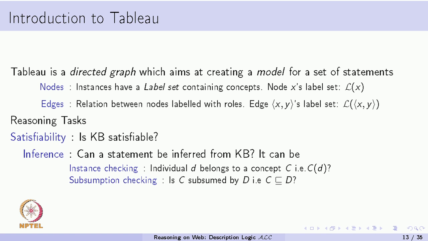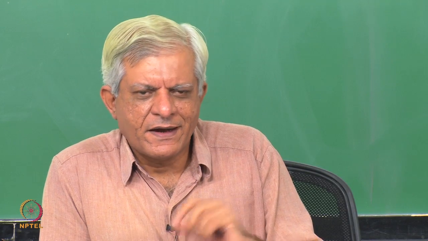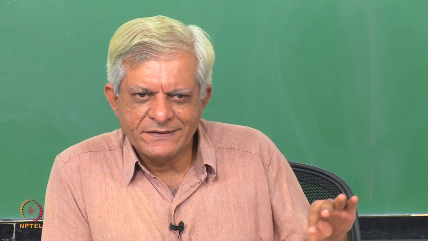Now, the Tableau, which is a proof system. If you recall, a Tableau method is basically a method to try and construct a model of a set of statements, or a given knowledge base essentially. In the case of propositional logic, we said that if P is true and Q is true and R is false, then my whole sentence is satisfied.